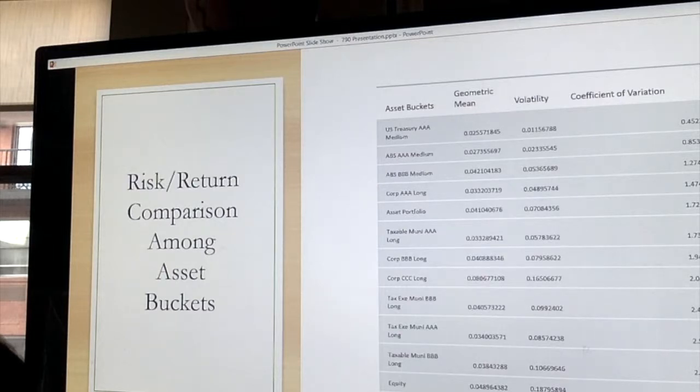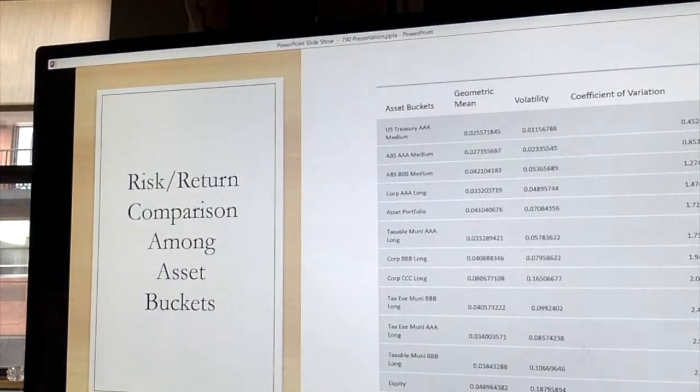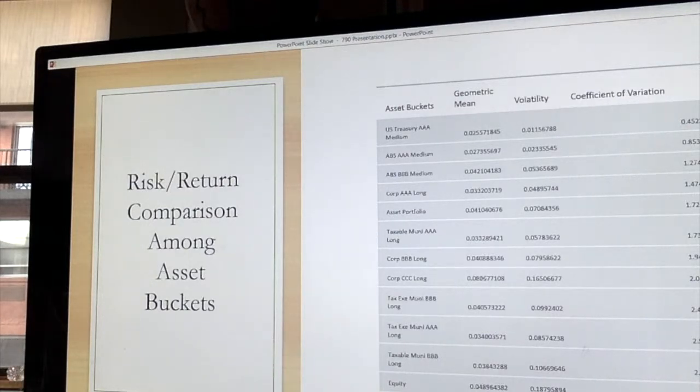But on the other hand, corporate AAA longs are doing better than the average. And the municipals, all municipals, either tax exempt or taxable, are doing worse than the average asset portfolio performance.